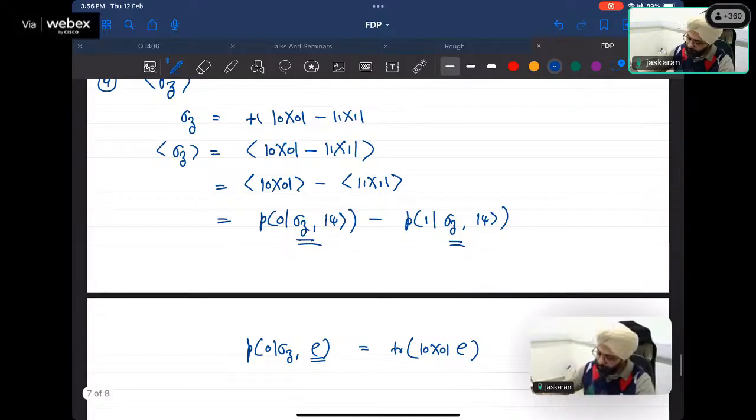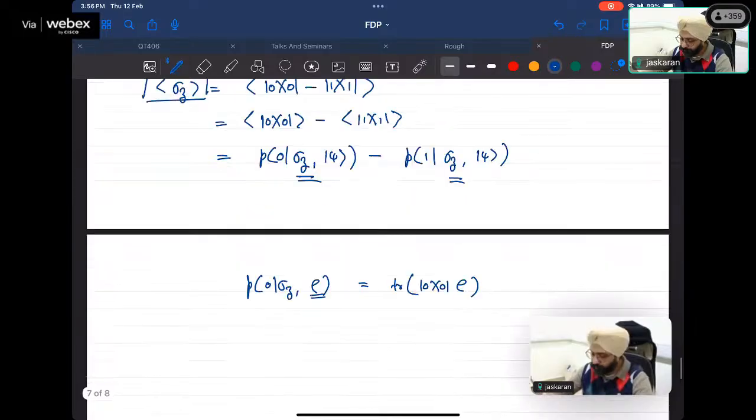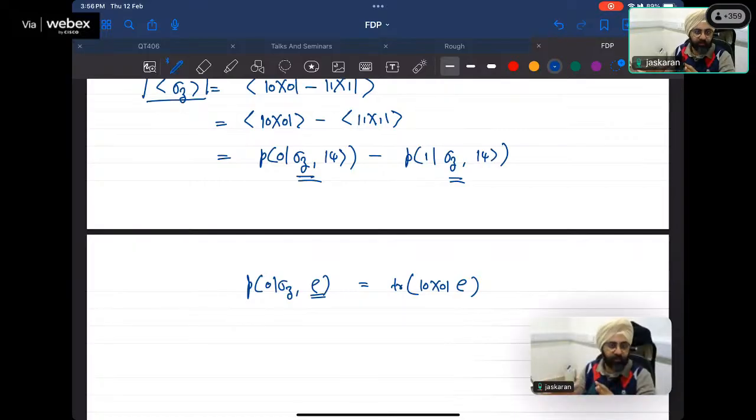Using this equation, we can then evaluate the expectation value of the observable sigma z. So here we have now looked at what we call projective valued measures. Maybe I can stop at this point and ask if there are any questions before we move on to positive operator valued measures or non-orthogonal measurements.